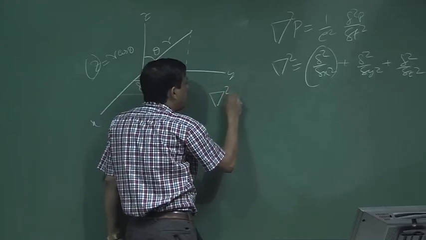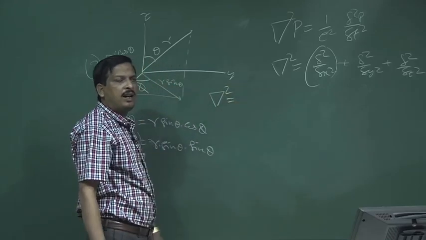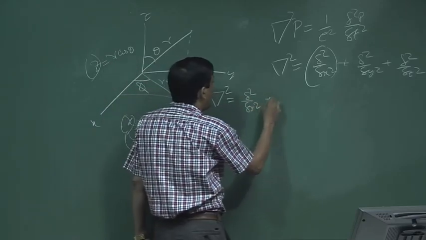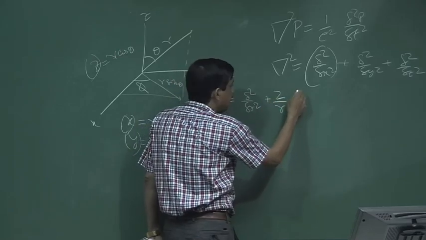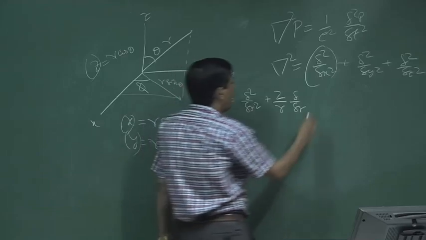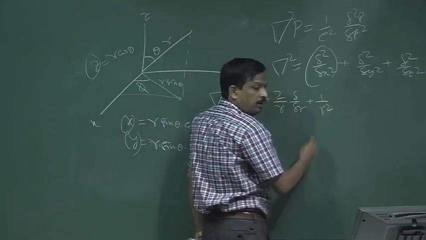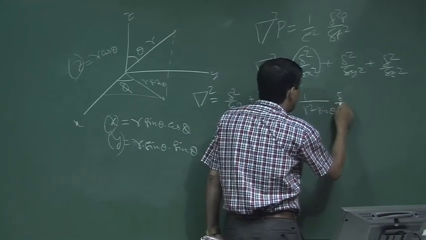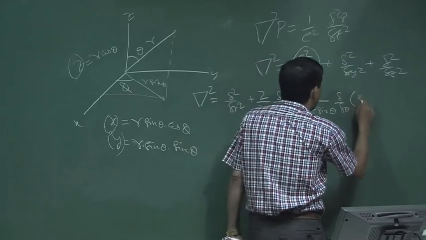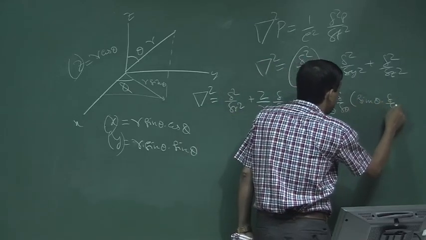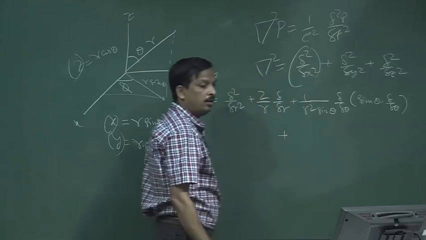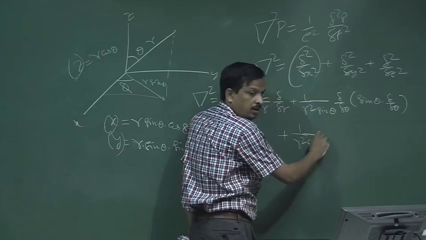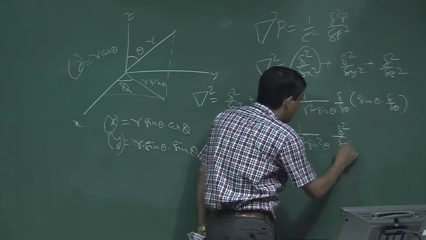Eventually this Laplacian operator becomes, in the r, theta and phi domain: del square by del r square, first term, plus 2 by r del by del r, plus 1 by r square sin theta into del by del theta of sin theta del by del theta, plus 1 by r square sin square theta into del square by del phi square.